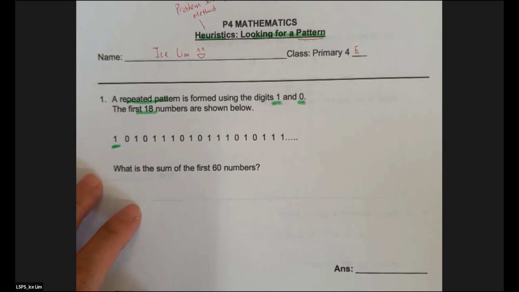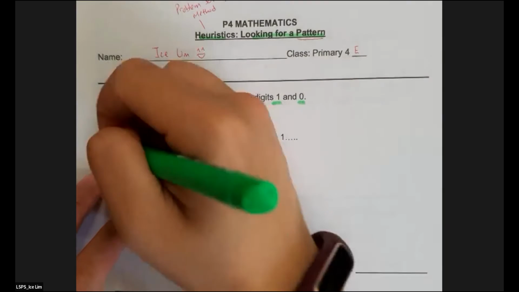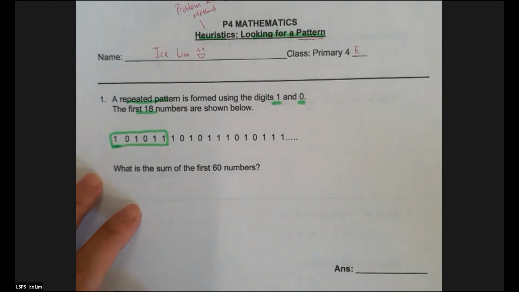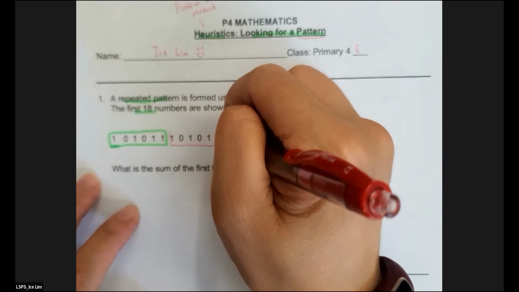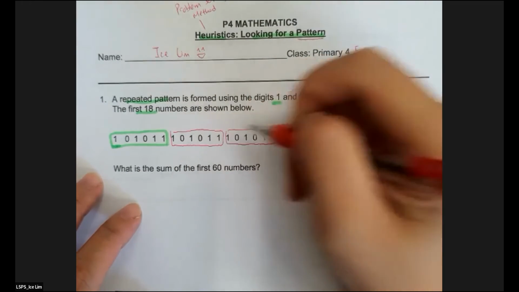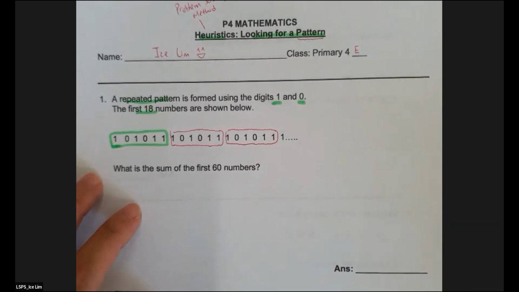So: 1 0 1 0 1 1 1 0 1 0 1 1 1 0 1 0 1 1. Does it sound more like it? I seem to start getting close to a pattern.